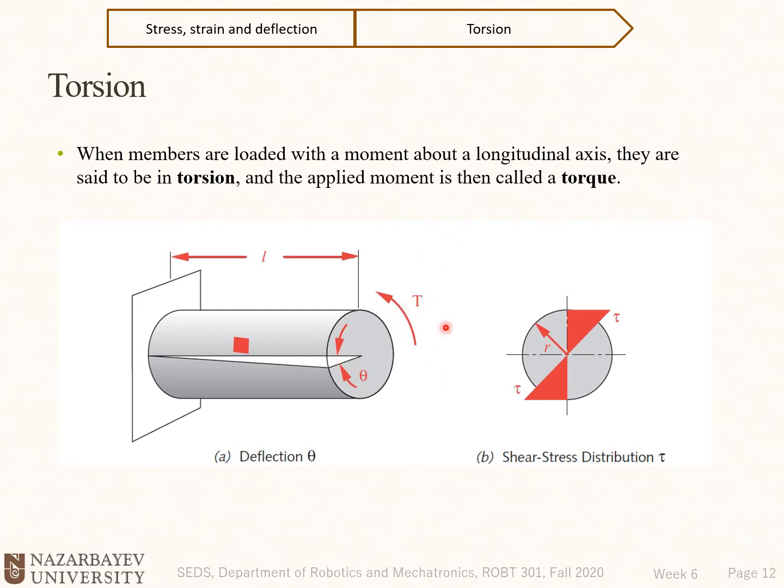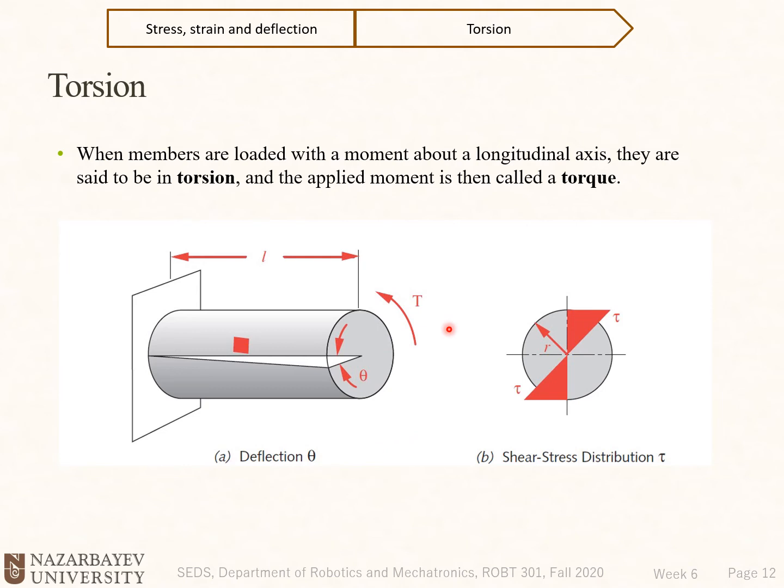So we could have two types of moments. One is torsion that will cause some twisting. Okay, so we'll twist the beam, and we could have bending moment, and that will bend the beam.